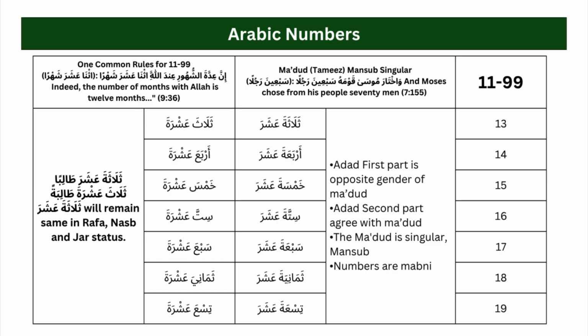Now we move to the next group, numbers 13 to 19. The lower section of the chart now shows the forms from 13 to 19.